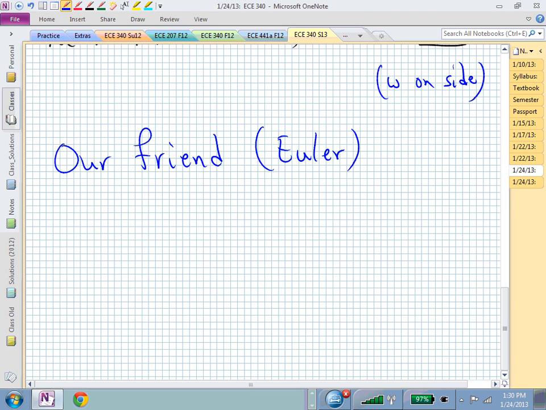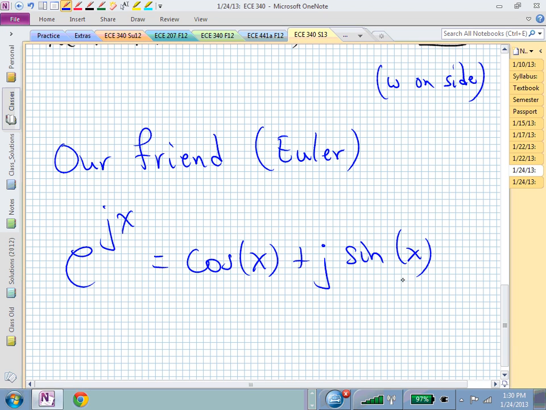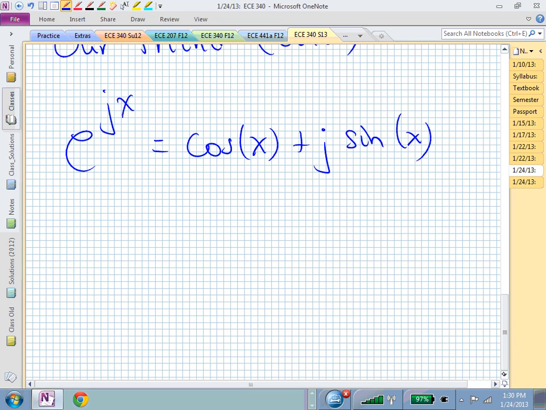What's Euler tell us? Euler gives us this relationship between complex exponentials and sines and cosines. Meaning, if you now wanted a cosine of omega t plus theta, and let me go ahead and make that a specific frequency, not a bunch of frequencies omega.